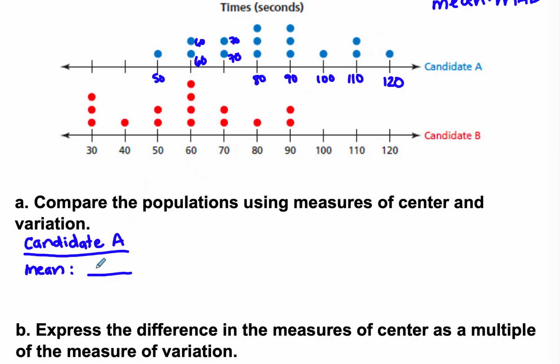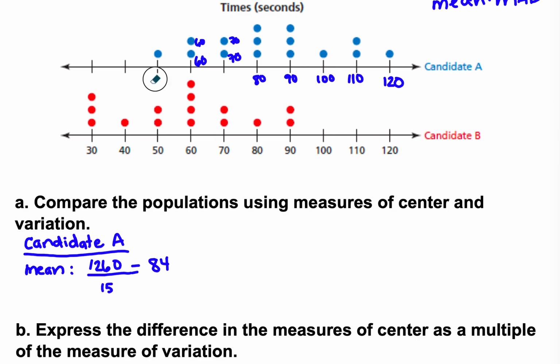That gives us a total of 1,260. There were 15 dots. When I divide those, I get a mean of 84. Which makes sense. That would be about here, between 80 and 90, about in the middle of our numbers.